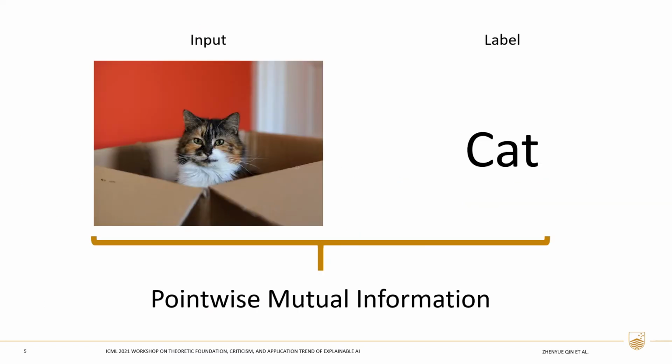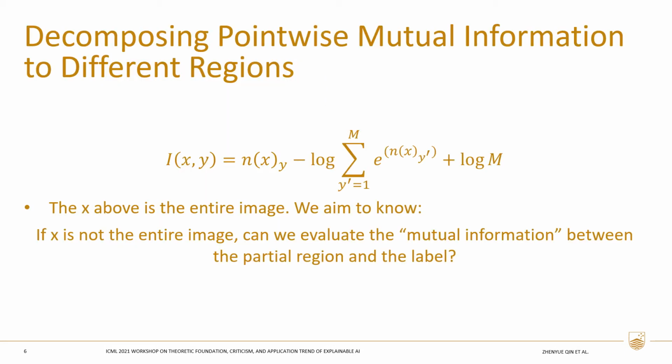Mutual information is the expectation of pointwise mutual information. Intuitively, as the figure indicates, pointwise mutual information evaluates the mutual information quantity between a single image and a label. Pointwise mutual information still measures the information relationship between the entire image and the label.